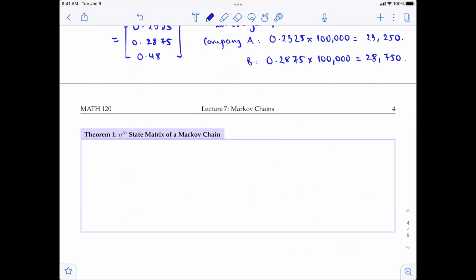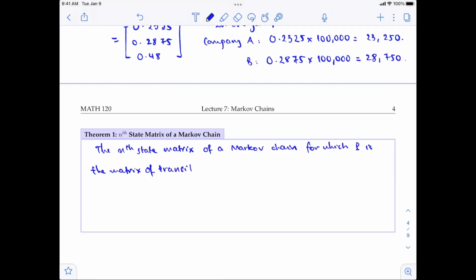So the end state matrix of a Markov chain for which P is the matrix of transition probabilities and X sub 0 is the initial state matrix, right?